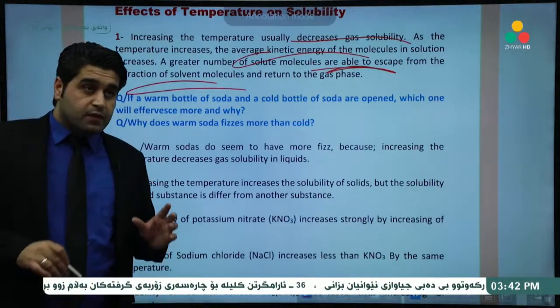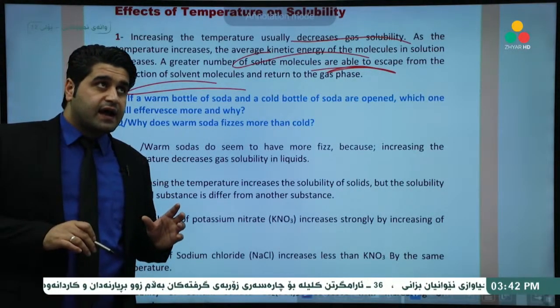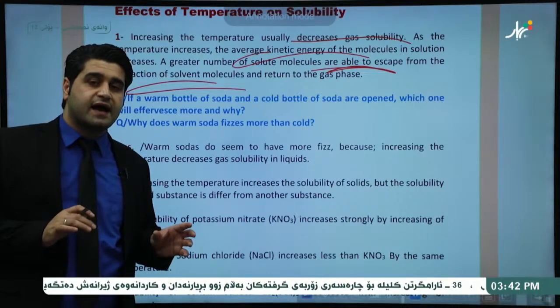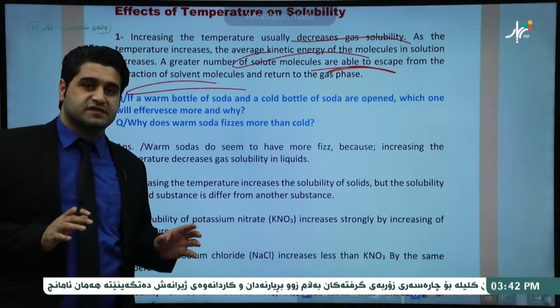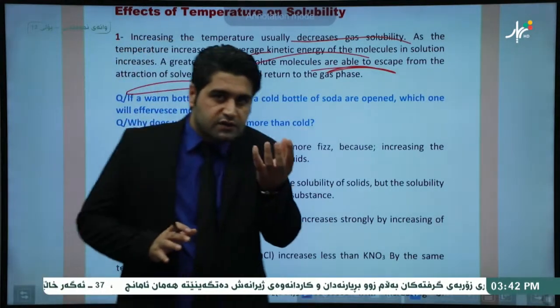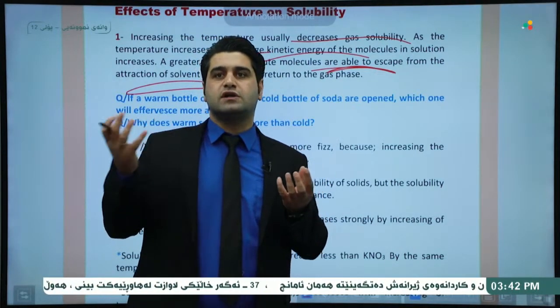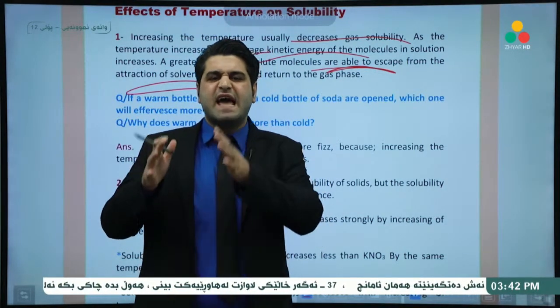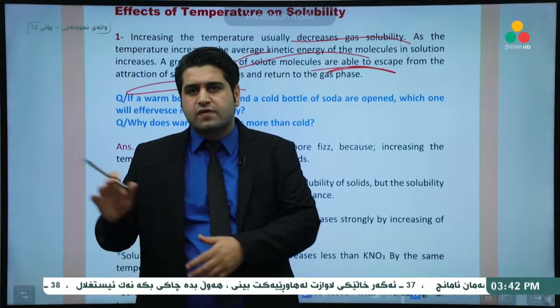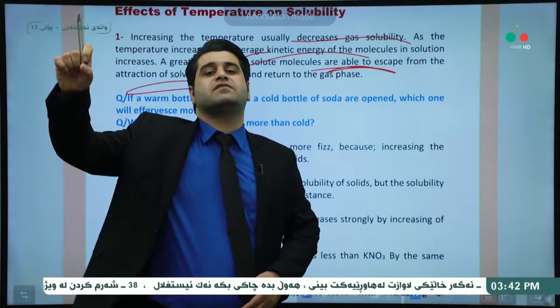So which of them has higher fizz, or effervescence? Cold soda or hot soda? In hot soda we have less solubility, so there is the highest effervescence.